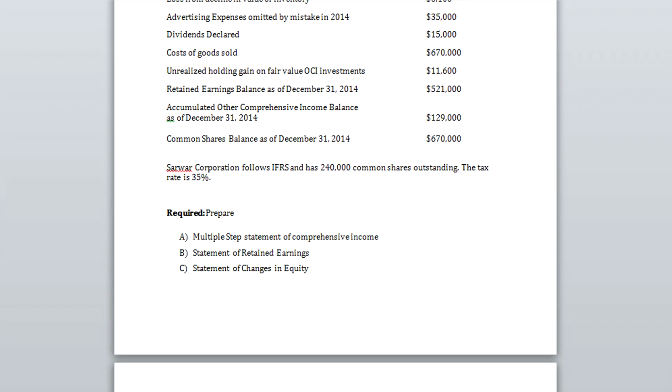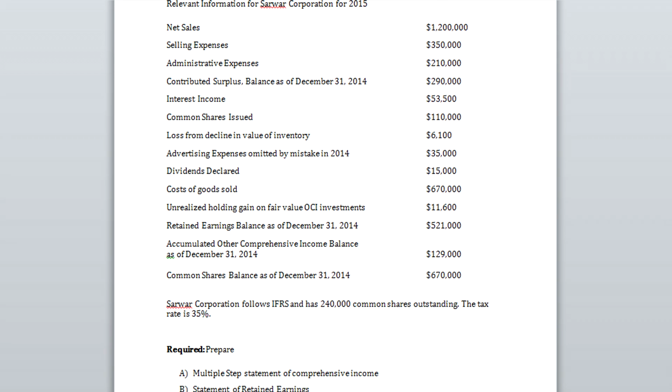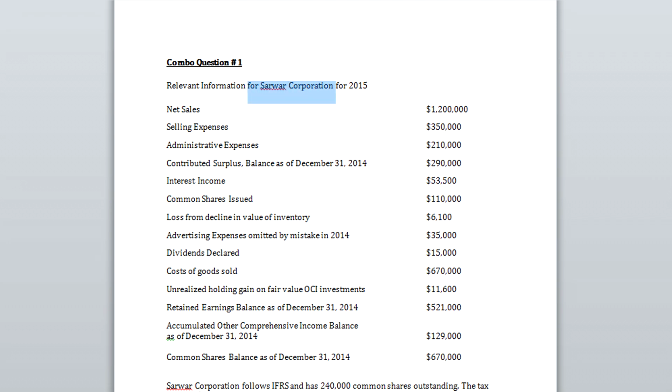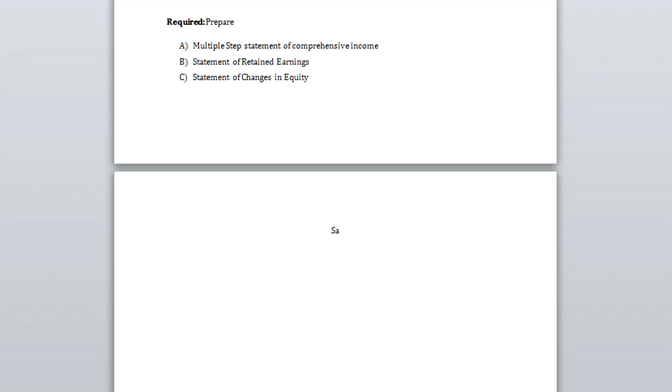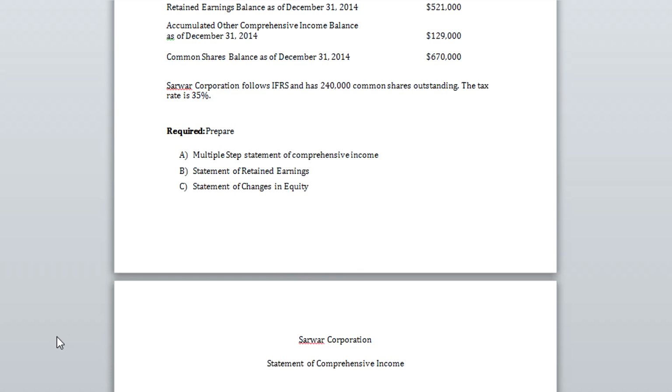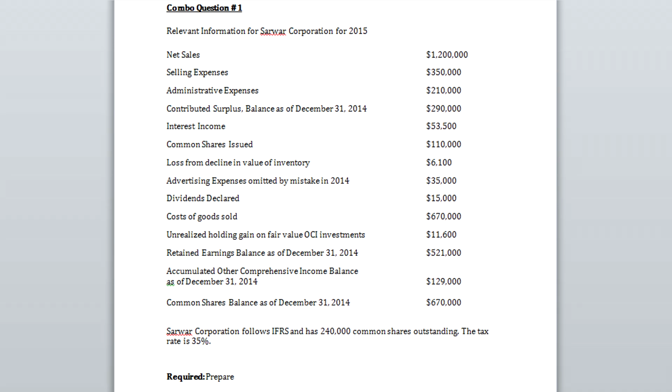So of course with anything we're always going to start with our header. We are the Sabra Corporation, so that is our company name. What are we making here? It is a statement of comprehensive income. Does it tell us what it's for? For 2015.